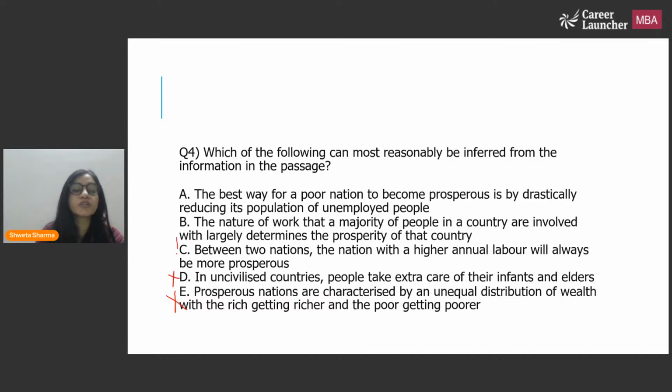So if we eliminate the options, A seems to be still the better one: the best way for a poor nation to become prosperous is by drastically reducing its population of unemployed people. That means employing those people more. Nature of the work that a majority of people are involved in, no. So A is the better choice. When we looked at all the options, we couldn't find a better choice other than A. A should be the right choice.